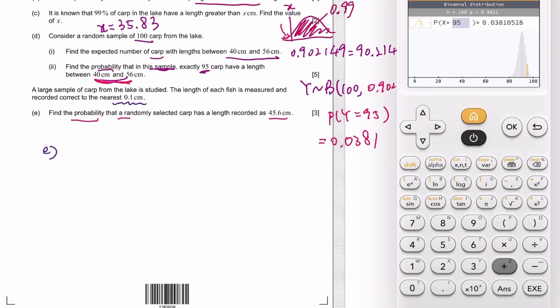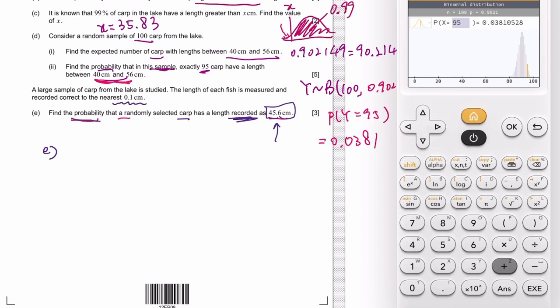Because in a normal distribution, normally the probability of getting an exact number is supposed to be 0. Right? But that's not the question here. The question is not what is the probability that the fish you catch is exactly 45.6 cm long. If the question is that, it will be 0. But the question is, what is the probability that the length is recorded as 45.6?